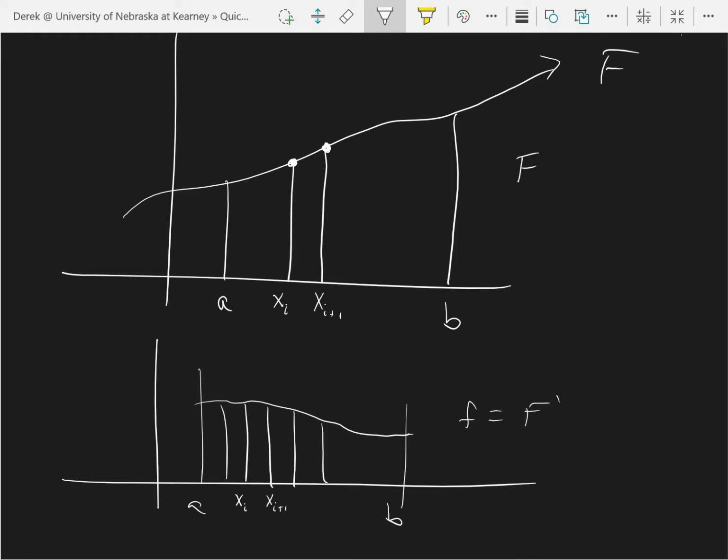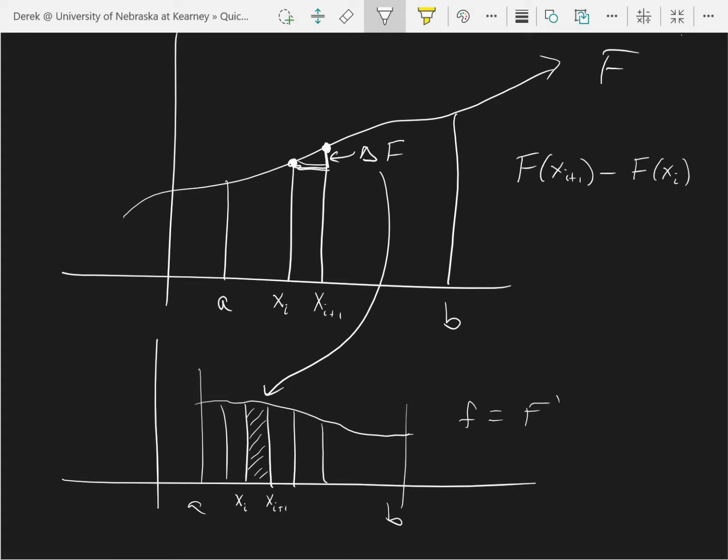So that'd be capital F of xi plus 1 minus capital F of xi. That's going to be how much this changes over this interval. And I want to associate that change to the area here. I'm adding up these areas as I move to the right, and so the change, this delta capital F value, should equal this area here, right?